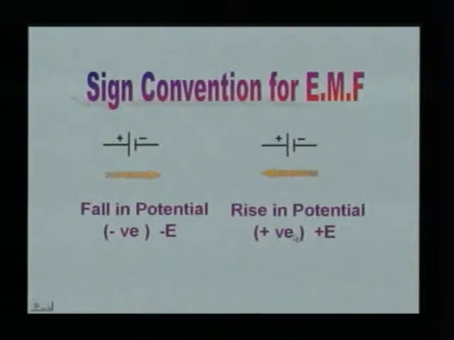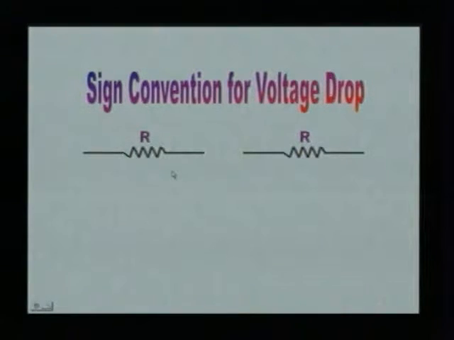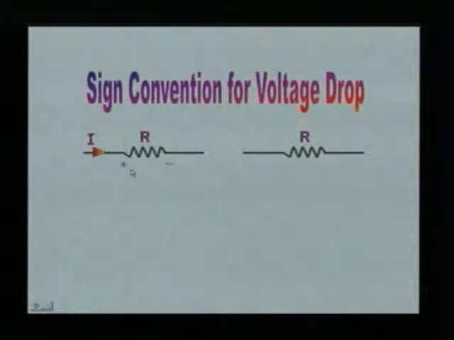On the other hand, if we talk about the voltage drop across the resistors, whenever current enters the resistance, it is marked as a positive sign. From where the current is leaving, it is marked as a negative sign.